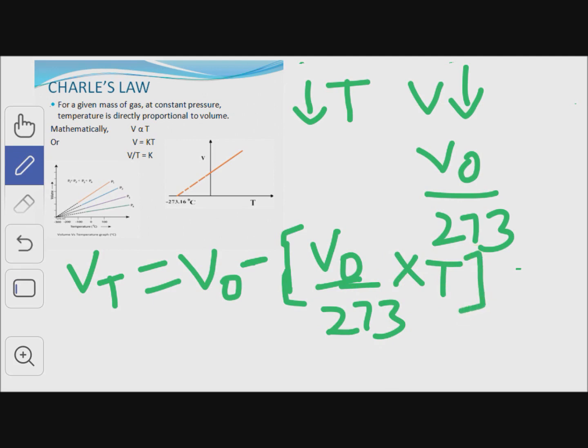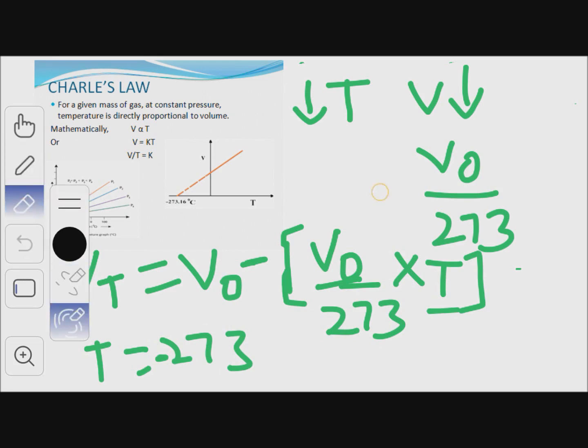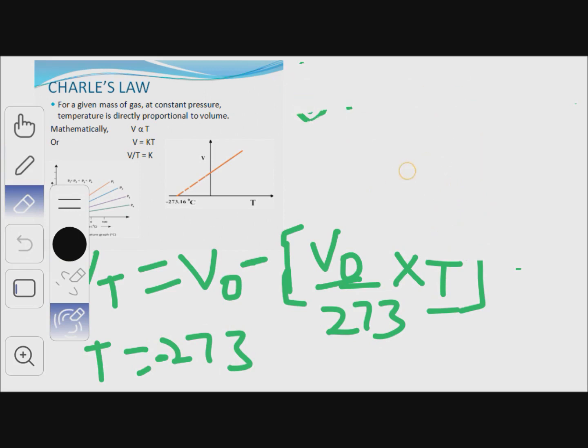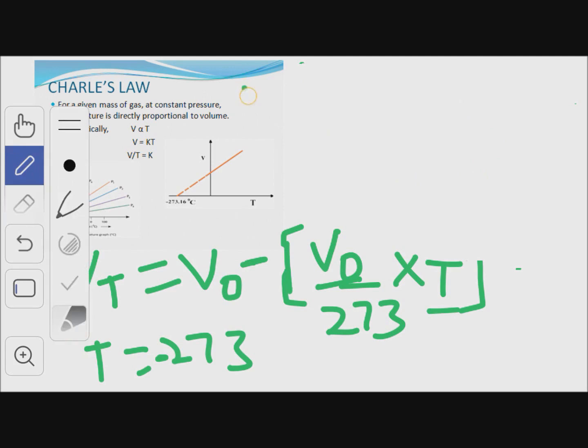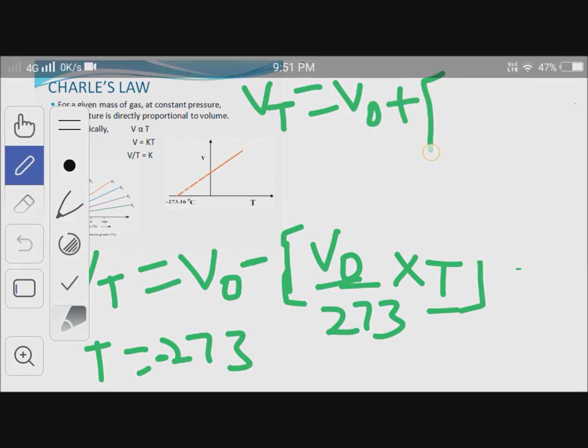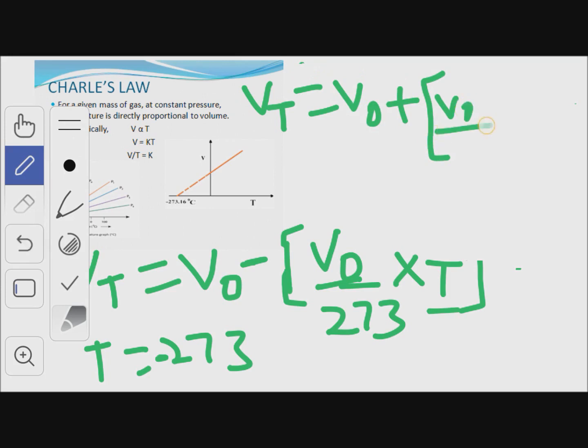If we take this temperature at minus 273, then what will happen? Or you can write Vt is equal to V naught plus V naught upon 273 into minus 273.